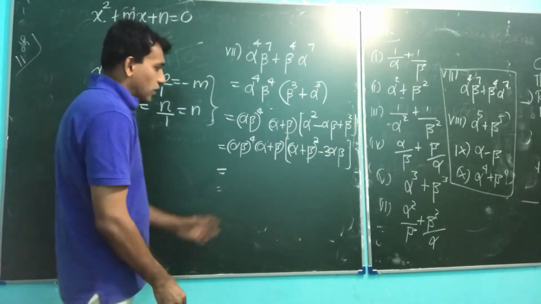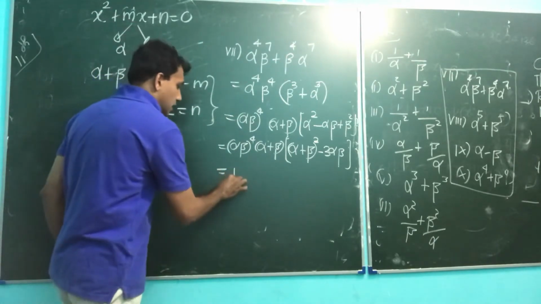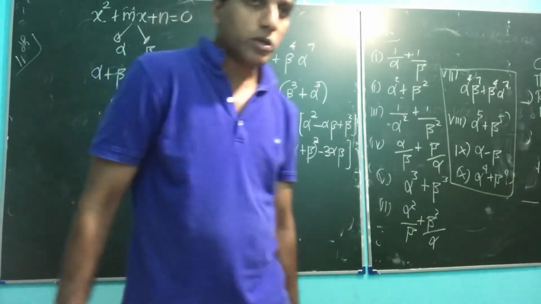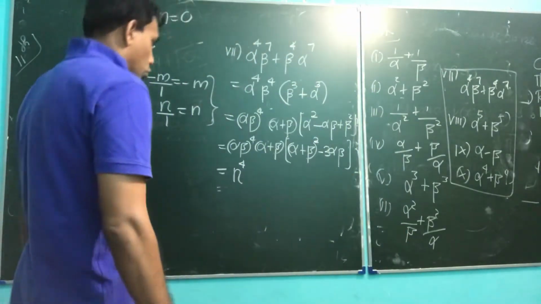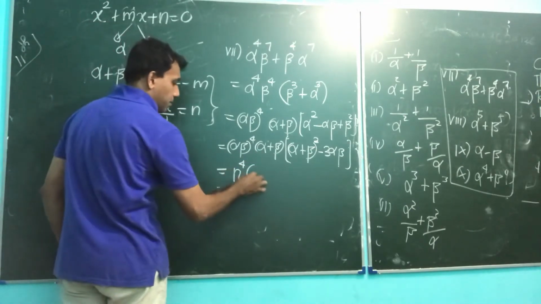See, now apply the values. Alpha into beta is n, so n to the power 4. Alpha plus beta is minus m.